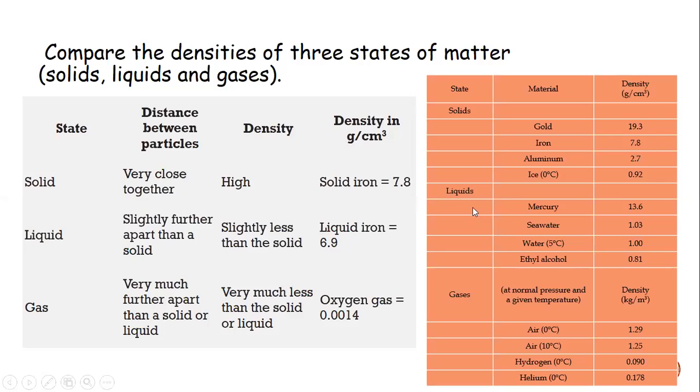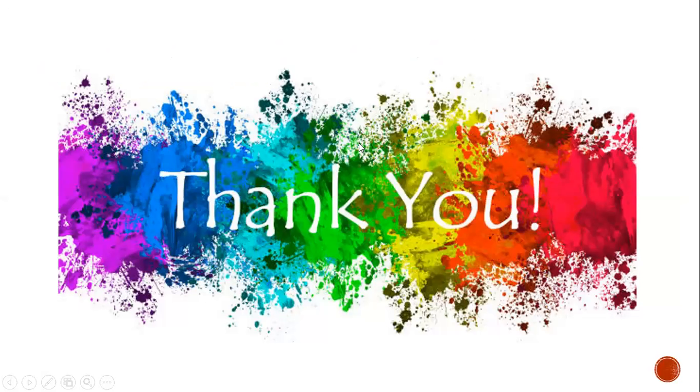Generally we say that water has a density of 1. Solids have a density more than one, and gases have a density less than one. But obviously there are certain exceptions. So this is about the three states of matter and density.